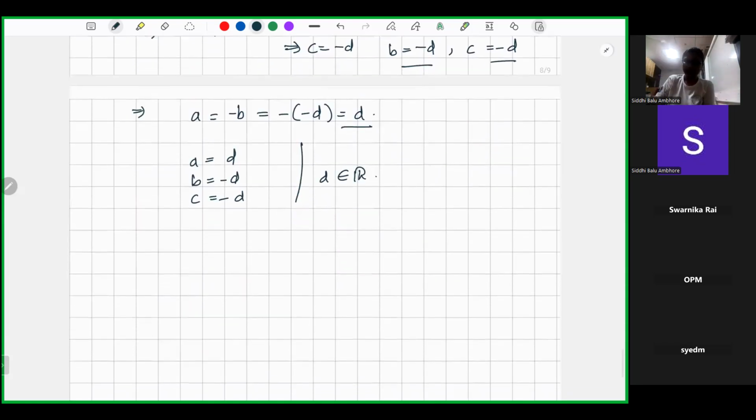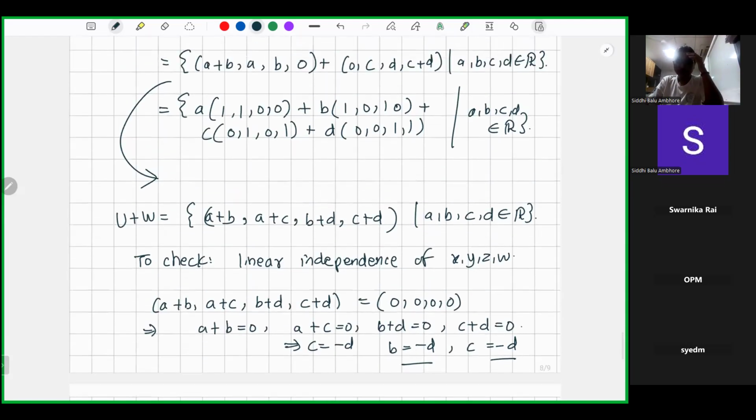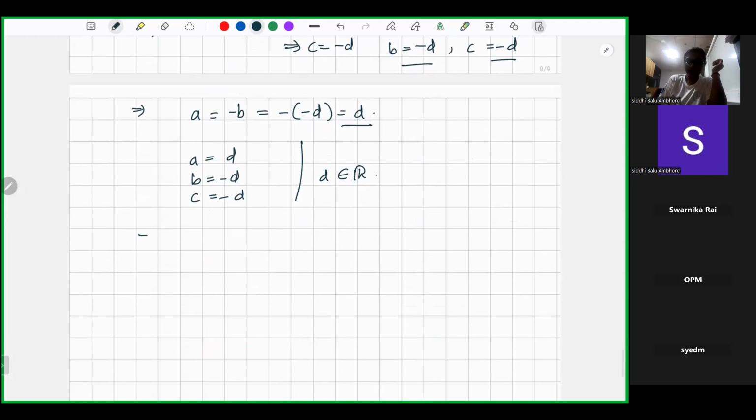Right now what I have is something like D minus T and D, and this gives me that, okay. So this implies that these X, Y, Z, W are not linearly independent.